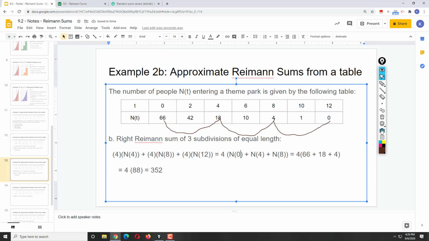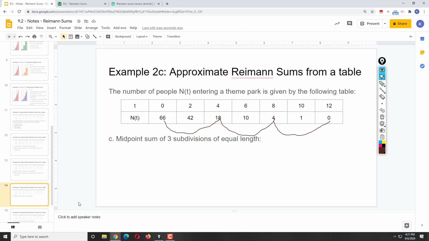So the Riemann sum is going to be 4 times n of 4 plus n of 8 plus n of 12, which is going to be 4 times 18 plus 4 plus 0, which is 4 times 22, which is 88. So that's the right Riemann sum.